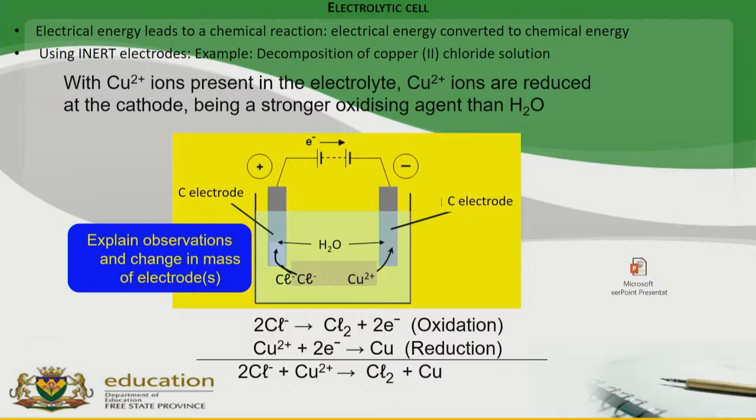By the way, can you see that in the negative electrode, reduction occurred, but in the positive electrode, oxidation occurred? Remember, in the galvanic cell, in the negative electrode, oxidation occurred, but in an electrolytic cell, in the positive electrode, oxidation occurs.